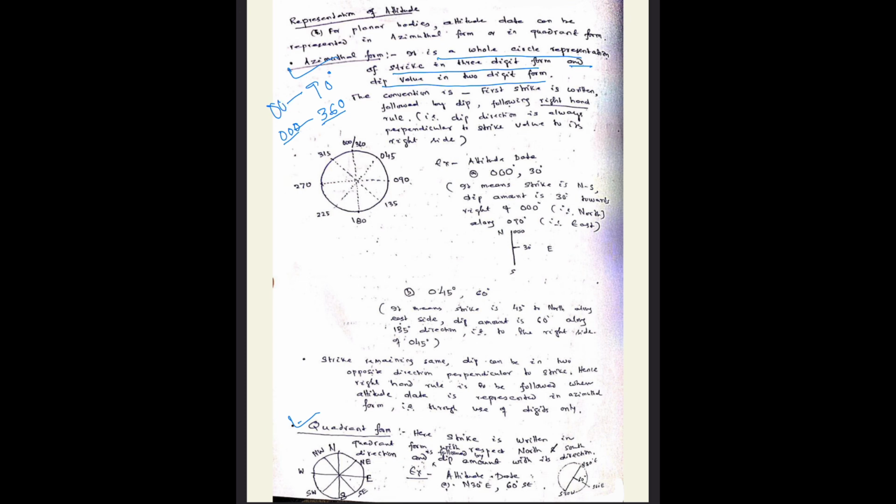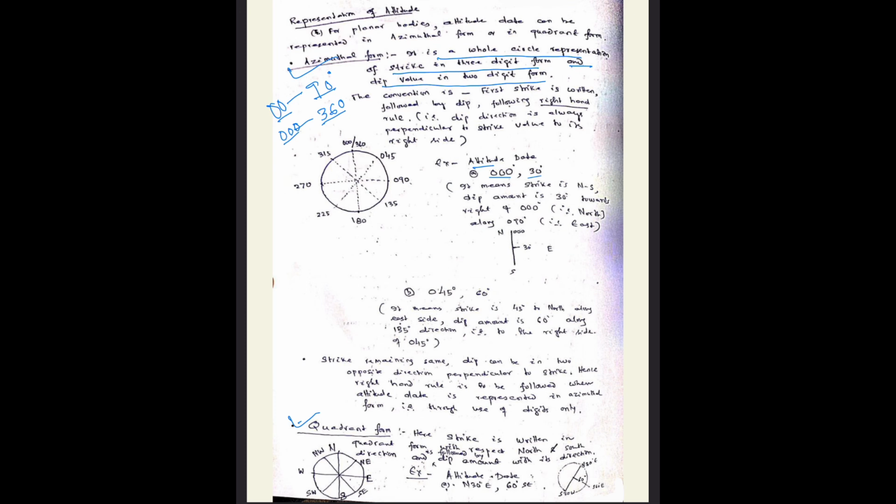Dip is represented in 2-digit form. And when you describe the attitude of any bed or any planar body, we show the attitude data with strike amount first, followed by dip amount.